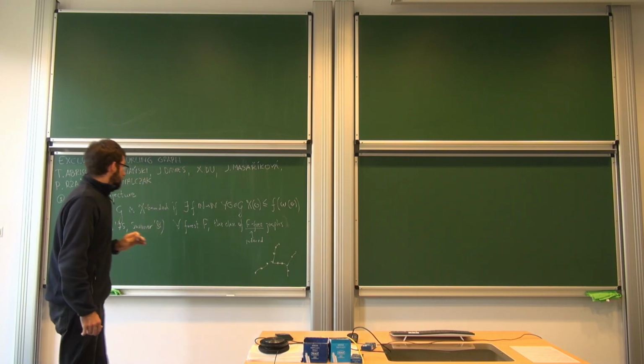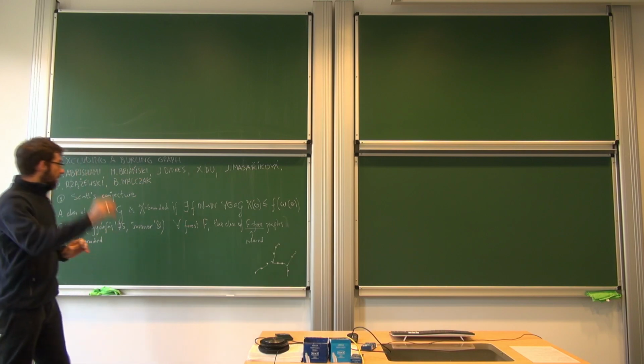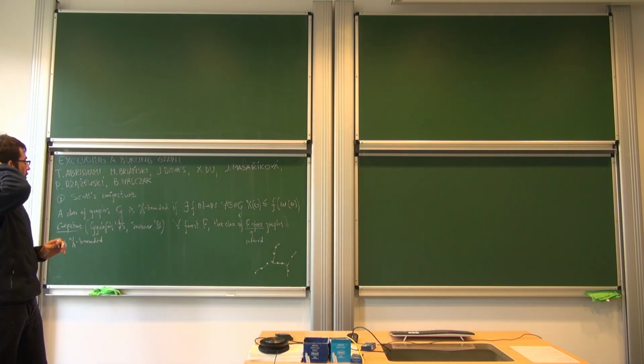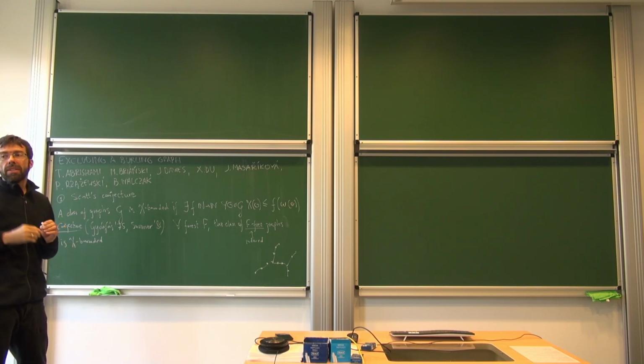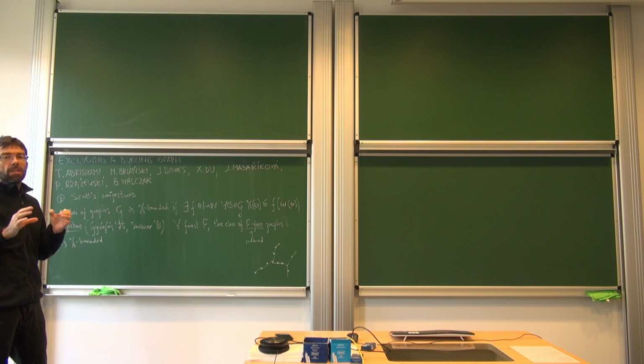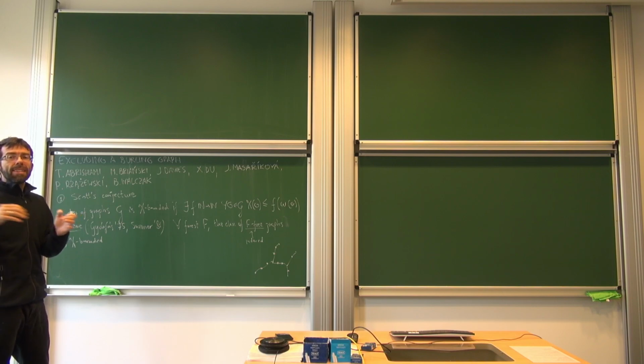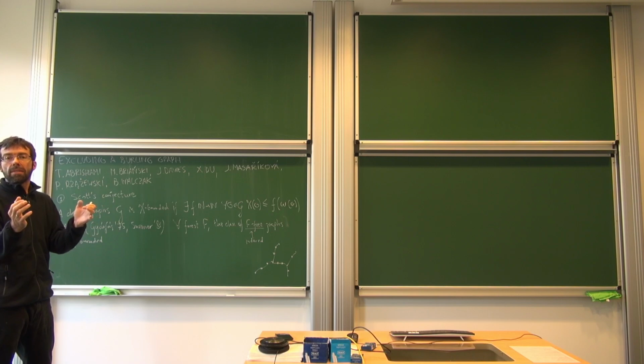Okay? So he proved this statement, and there was also this famous conjecture, which is now known to be true, by Gyárfás, that if we exclude cycles of at least some length as induced subgraphs, then the class becomes chi-bounded. And excluding cycles of at least some length is equivalent to excluding induced subdivisions of a fixed cycle.